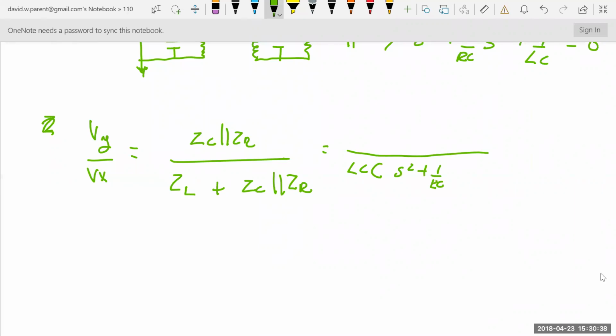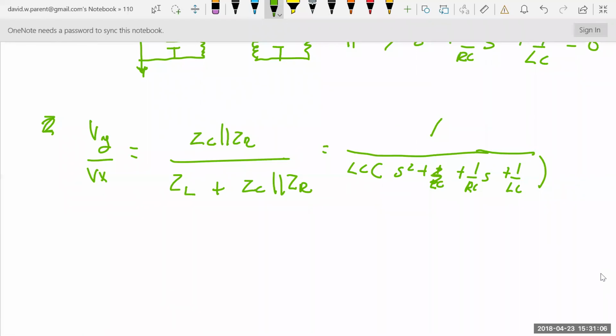Oops. And here's the thing. These filters are always low-pass filters, right? It can't be anything else because you're measuring the output voltage across a capacitor and that decreases with frequency. The impedance of a capacitor decreases with frequency.